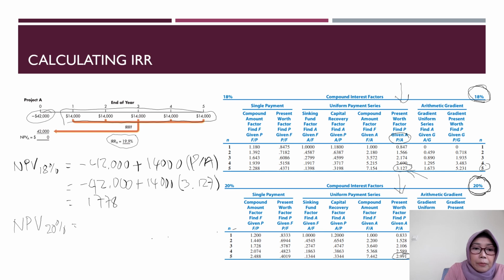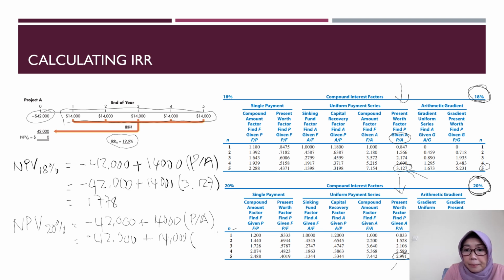The NPV for 20% is minus 42,000 plus 14,000 multiplied by the associated P over A, 2.991, and this is equal to negative 126.